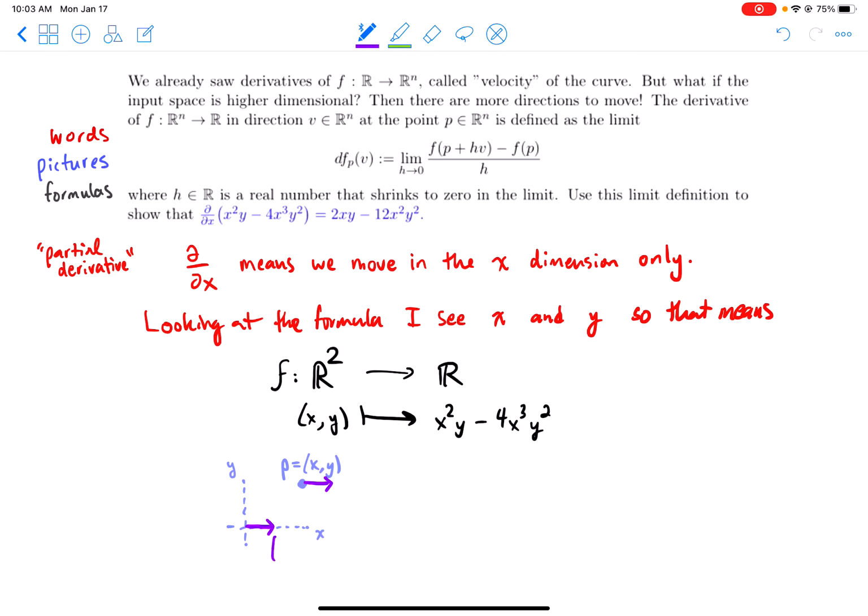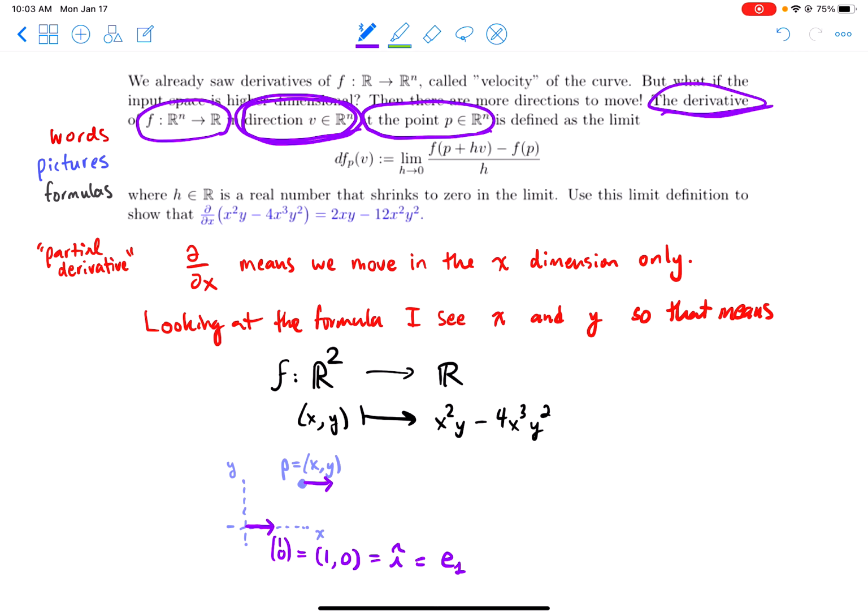And that is the vector 1, 0, or I hat, or E1, right? And vectors, we can move them around, so I like to visualize it up at the point where we're starting. Okay, so remember, we're finding the derivative of a map in direction v at the point P. At the point P in direction v.